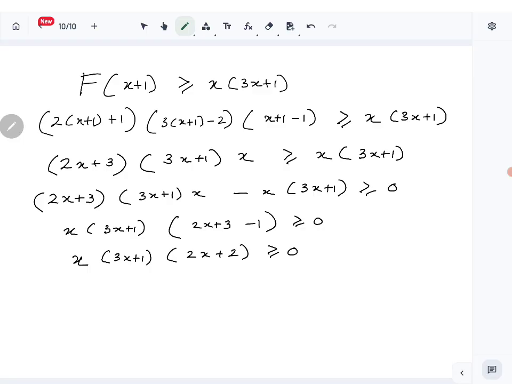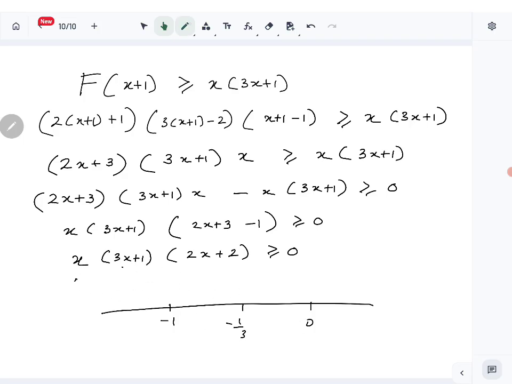Right. So then find the critical values, draw the number line, and find the intervals where this inequality is satisfied. So what are the points I have to mark? Minus 1, from there minus 1/3, and 0 from this one. So those are the three critical values. From here minus 1, from this factor minus 1/3, from here 0.